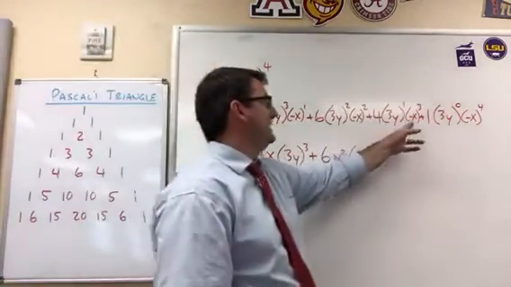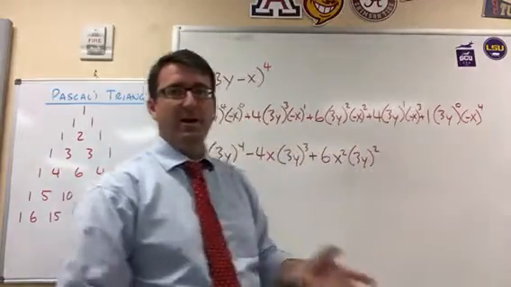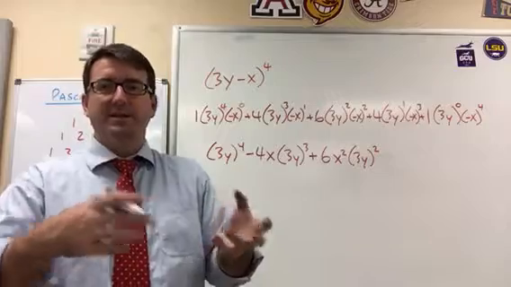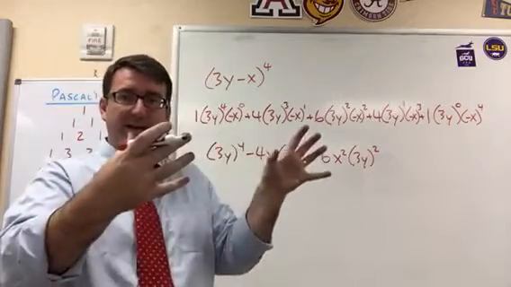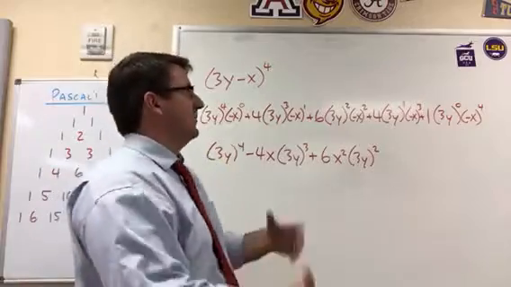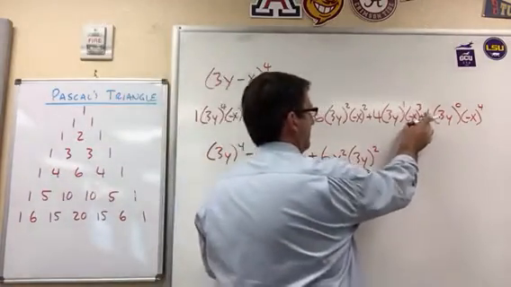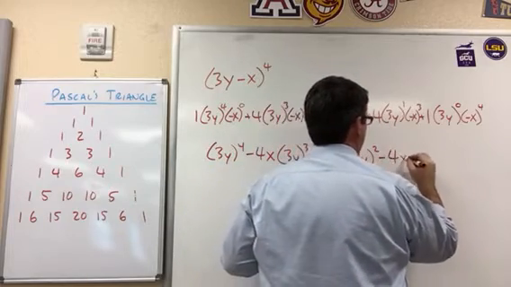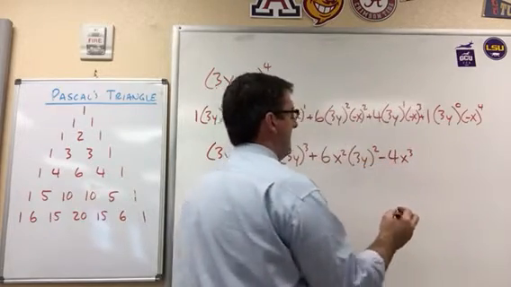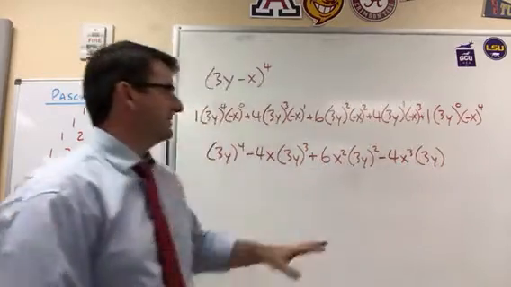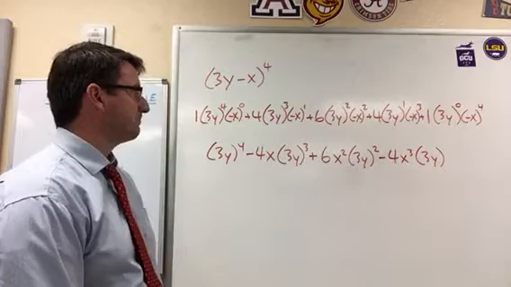All right, next we have negative x to the third power. Anytime we have a negative taken to an odd power, it's going to be negative, because a negative times a negative gives us a positive, but then if we multiply by another negative, we're back to negative. So this is going to be negative x cubed times 4. So negative 4x^3 times 3y, and that's taken to the first power, so we'll just leave it as 3y.